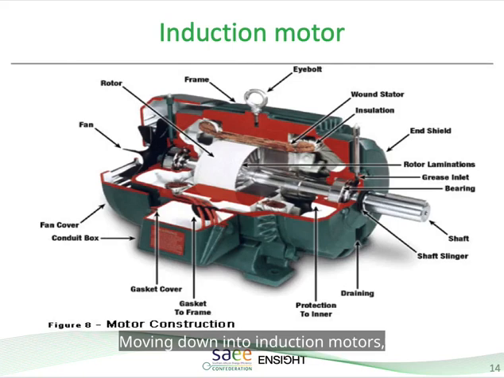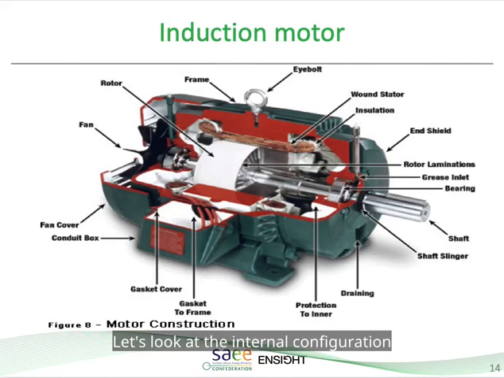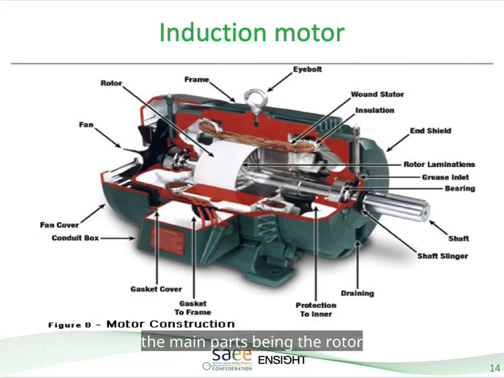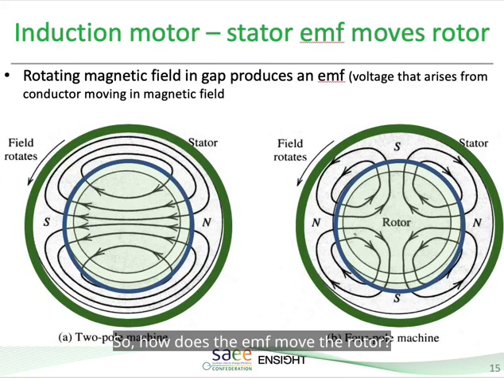Moving down into induction motors, the workhorse of the industrial field. Let's have a look at the internal configuration and different parts associated with an induction motor. The main parts being the rotor and the stator. So how does the EMF move the rotor?